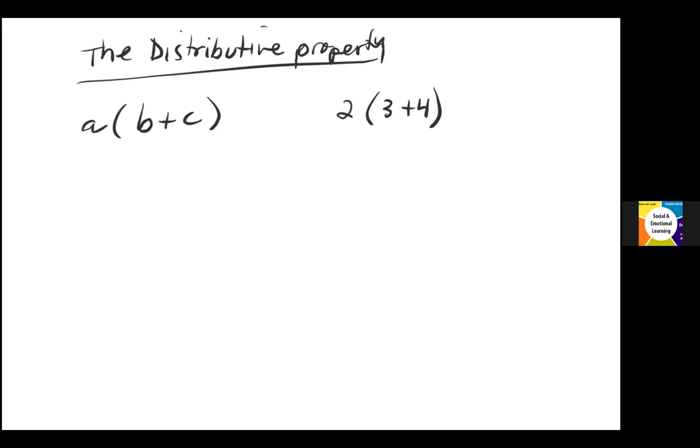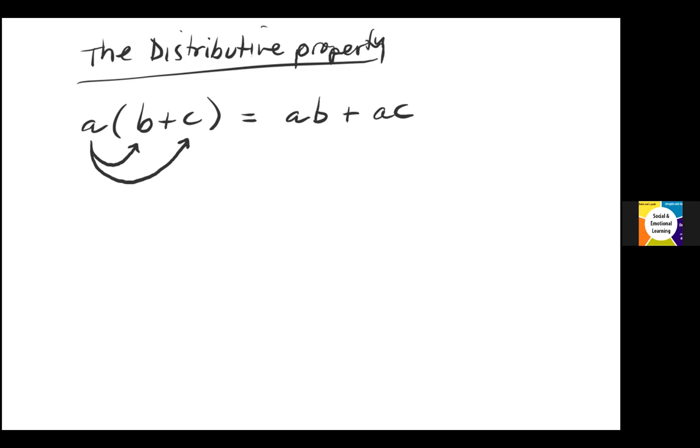The distributive property says we distribute, because distributing means to allocate around to everything. We distribute amongst a group of things. We distribute the A to the B and the C. So we end up with two products, A times B and A times C.